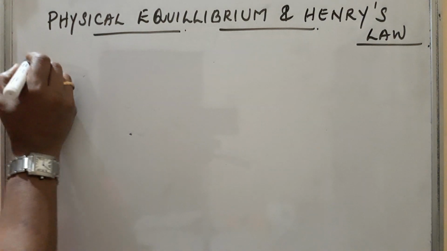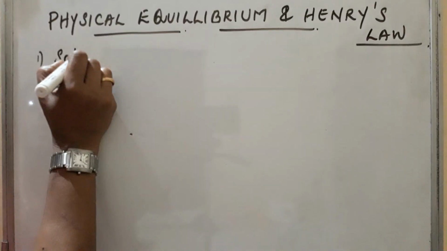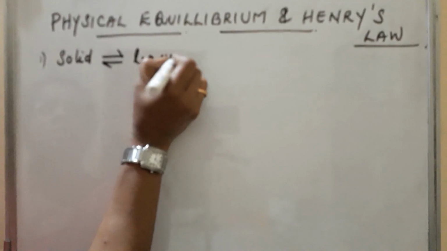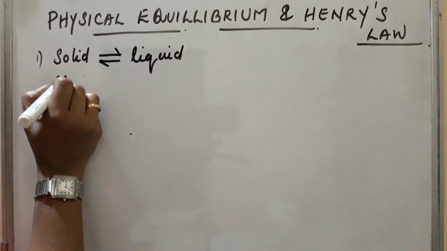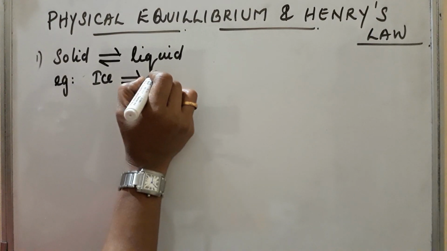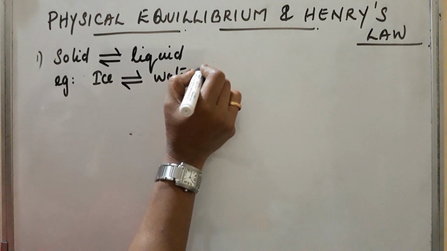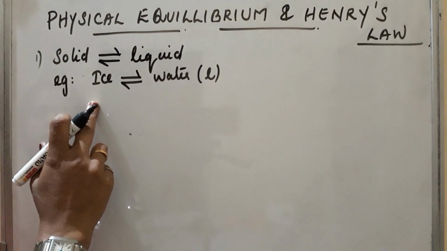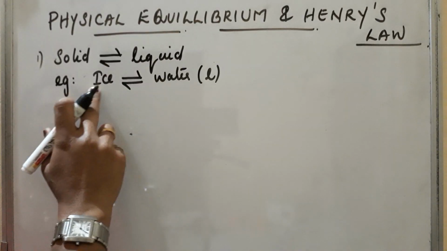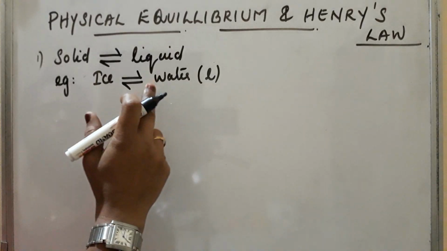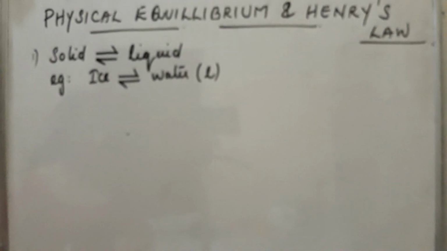Now, first one is solid-liquid equilibrium. For example, if we take ice getting converted into water. In this physical process, first the melting of ice takes place in the forward process, and in the reverse process, by freezing, water gets converted into ice.